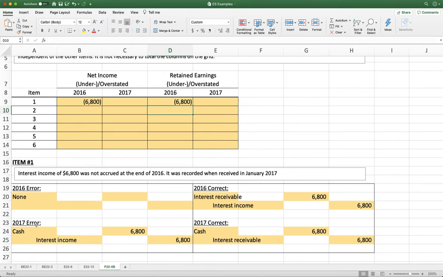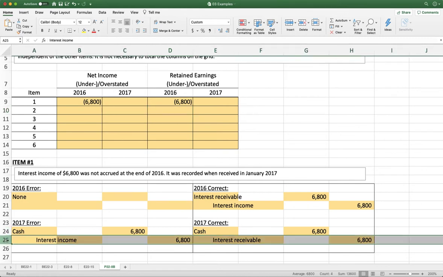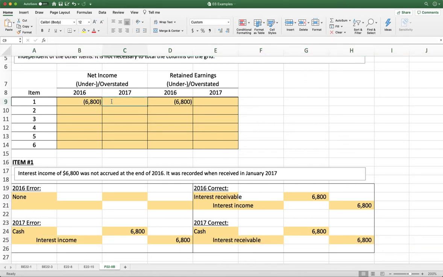All right, so then when we look at 2017, we have interest income when we shouldn't have had any. So now our income for 2017 is overstated because we recognized too much income. So now we're going to take our 2017 income statement. We're going to close out all of those accounts, including interest income, to retained earnings. So our retained earnings account is already understated by $6,800.